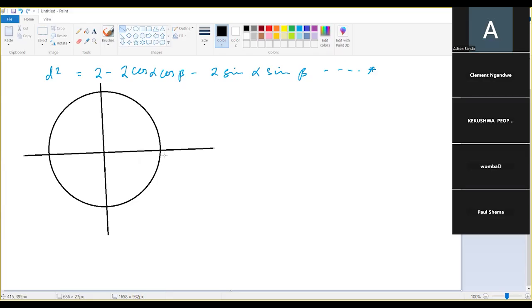So the point P now will move to the x-axis. In this case, I'll call this point P prime. Now, the coordinates of these points, remember that the radius of the circle is 1. So this will be just 1, 0.